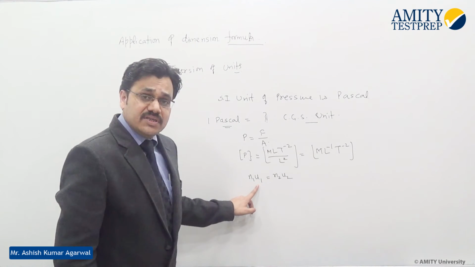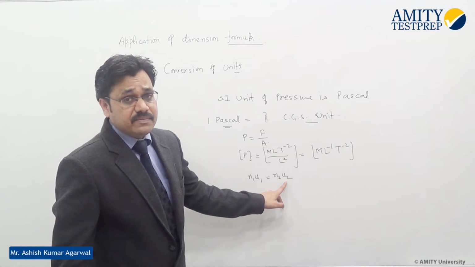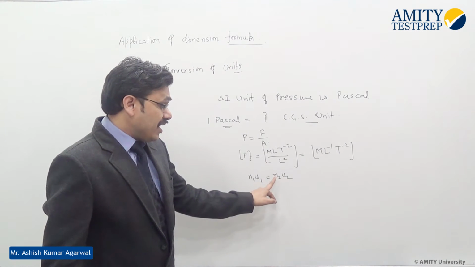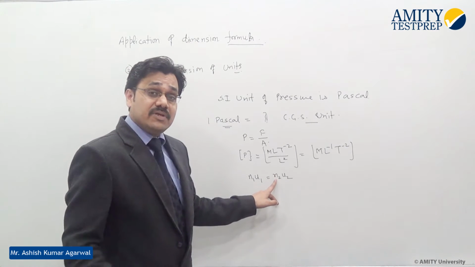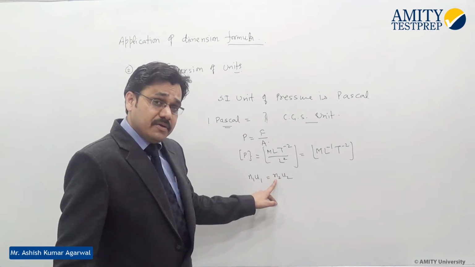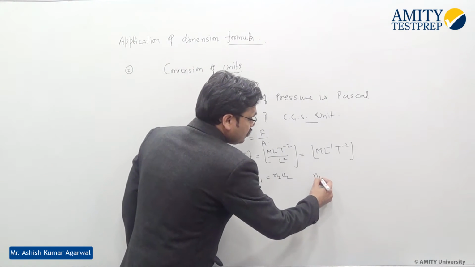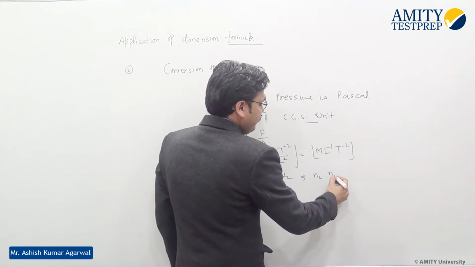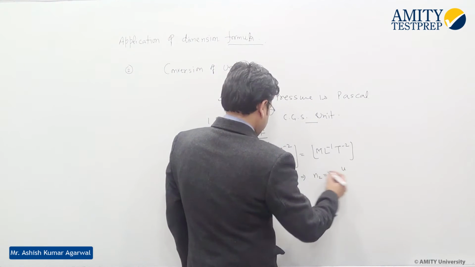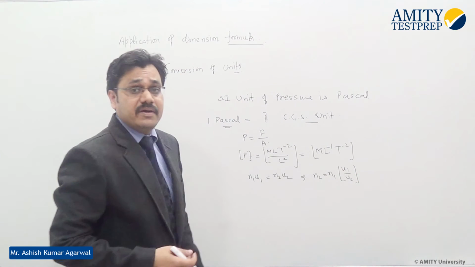Here u1 is the unit in the first system, and u2 is the unit in the second system that I have considered. So I have to find the numerical value, also called the conversion ratio, that is the value of n2 in the second unit system. So n2 should be defined as n1 times u1 by u2.